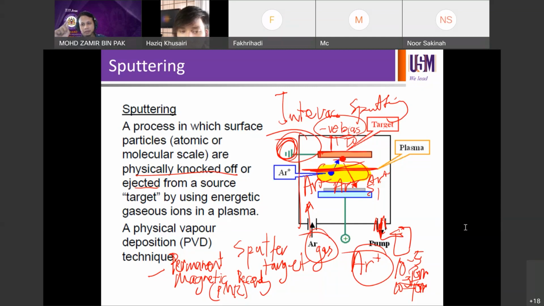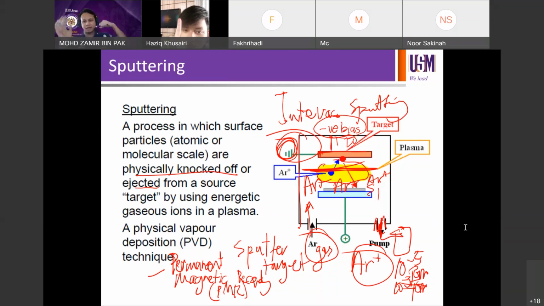Maknanya apa jadi? Untuk kita dapat sputter, kita nak ion tu hentam kan? Sampai dia terkeluar. Bila yang tu dalam keadaan tak ada bias. Bila you apply bias, the attraction will be stronger, right? Boom, lagi kuat. Bila lagi kuat, atom punya dislodgement lagi banyak ke lagi sikit? Bila langgar lagi kuat, lagi kemik ke lagi kurang kemik?